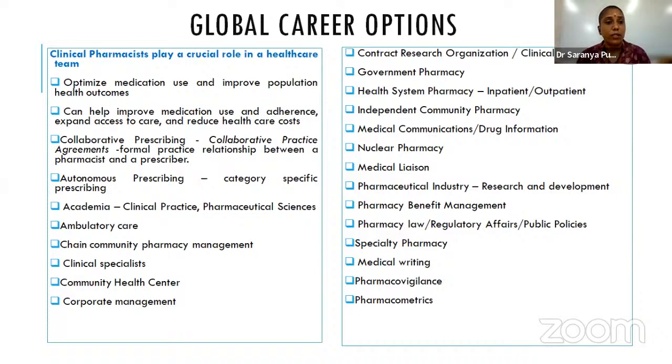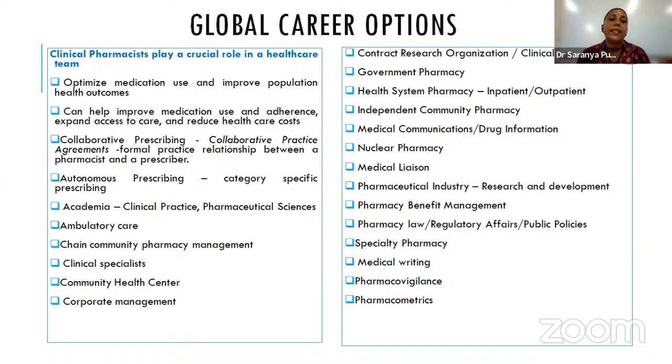Shoulder to shoulder, the pharmacist works with the physician and other healthcare professionals like nurses and radiologists.